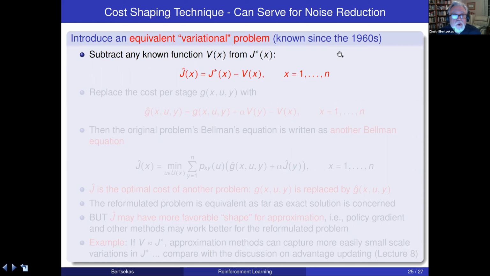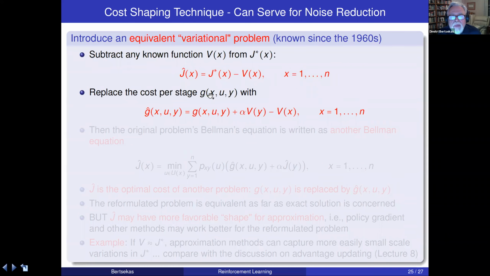And you have some function, any function, some known function, V sub x, and you subtract it out of J star. So in some sense, you do a translation of J star with this V sub x function. Perhaps there's a large constant involved here in this J star, and this could be something that approximates its constant. You change its shape, and from J star, you make it J hat.